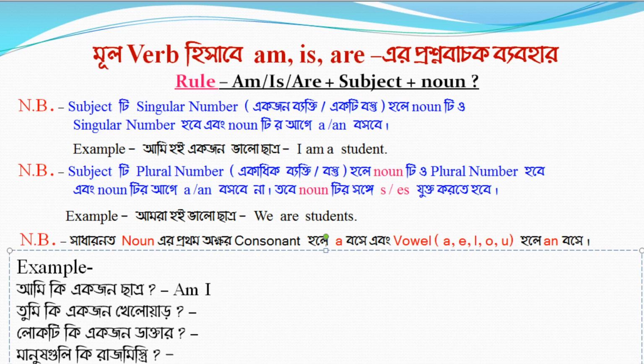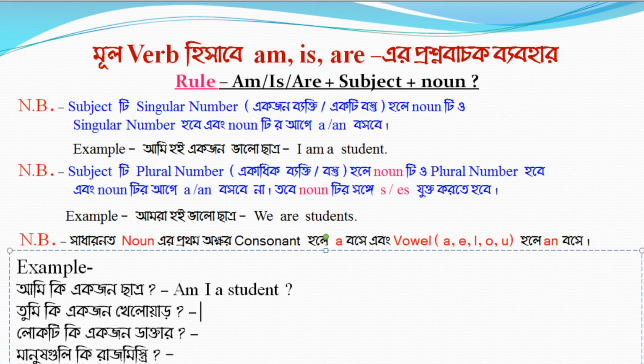Only one, so I put a. And what is the noun? The noun is student. And after the noun you have to use a question mark or interrogation mark.